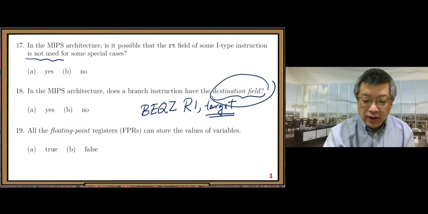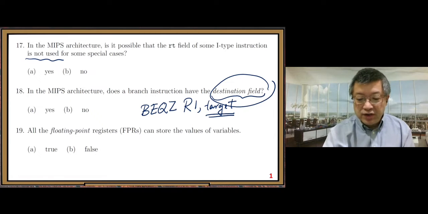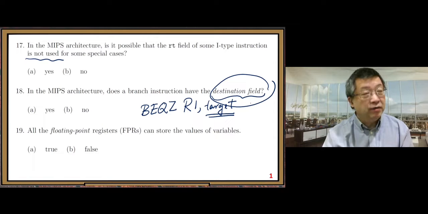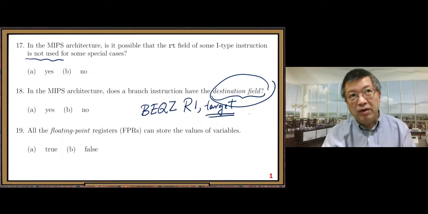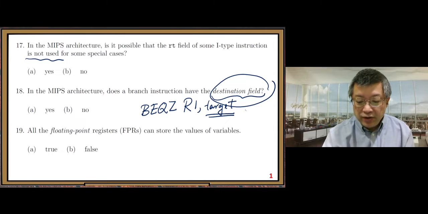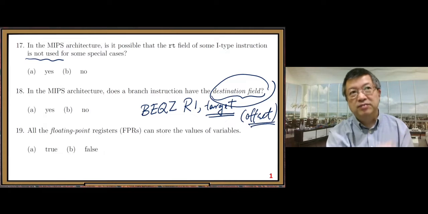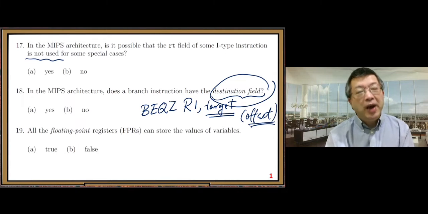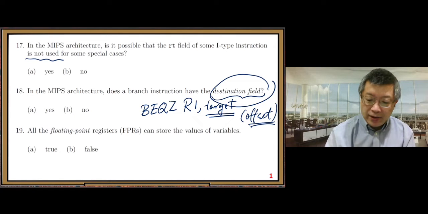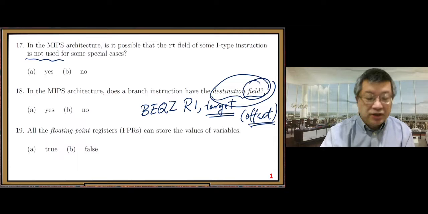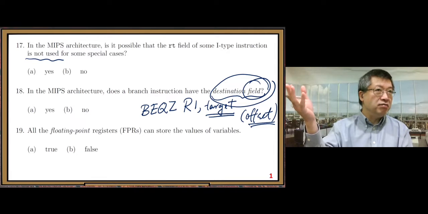Do not confuse this with the destination field, because if you look at our instruction part, this corresponds to offset. So you know the meaning of the offset, the PC relative offset number. So look at that. And the destination field, so not destination, right?